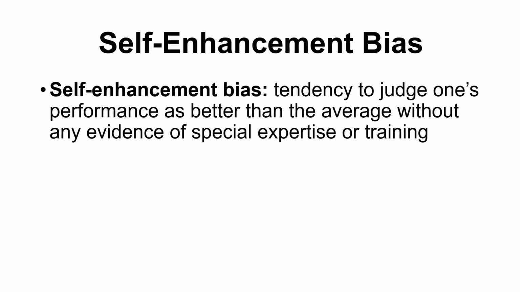So we see that people have this tendency to judge their own performance, here intelligence, as better than the average without any actual evidence that they should be doing so. So most people would say, yeah, I'm smarter than average, but not necessarily have any reasoning to back that up. Maybe they haven't taken an IQ test that shows that they're above average or anything like that.